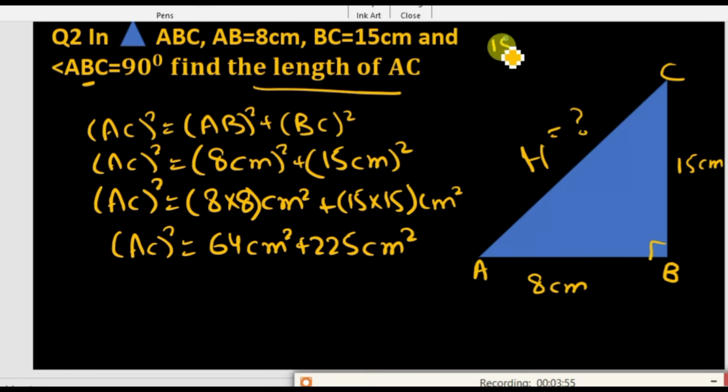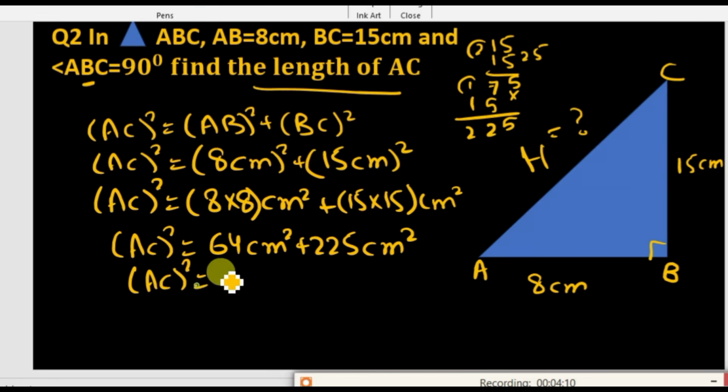You can solve 15 into 15: 5 fives are 25, 5 carry 2, and so on, giving 225. And when we add these two terms, 225 plus 64, the answer is 289 centimeter square.